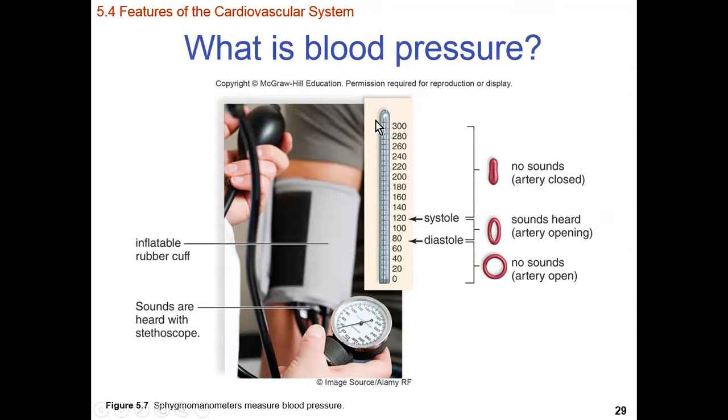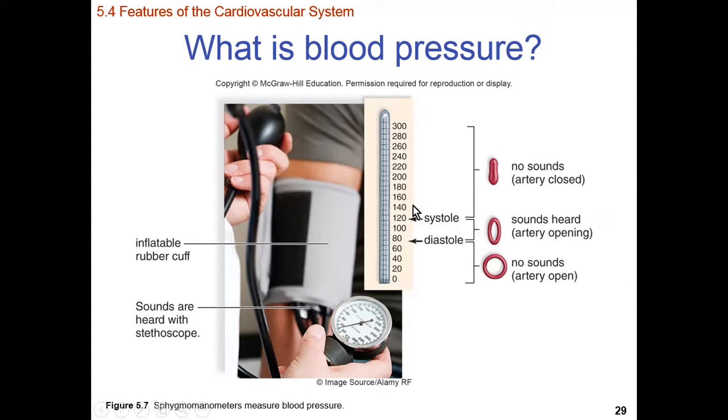So as the reading on the pressure gauge goes down, the moment you start to hear the noises, that is when you have your systolic blood pressure. And then the moment that you stop hearing the noises, that's your diastolic blood pressure.